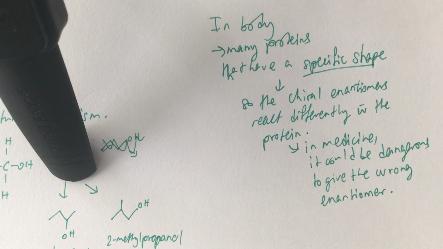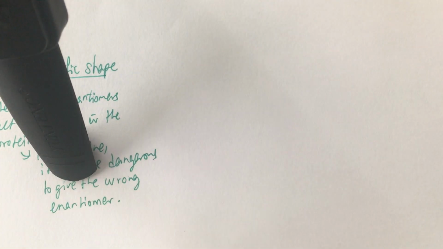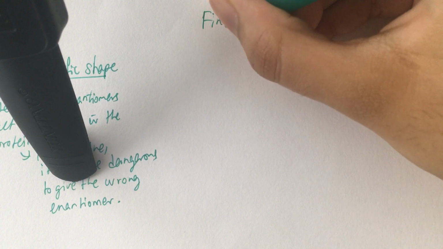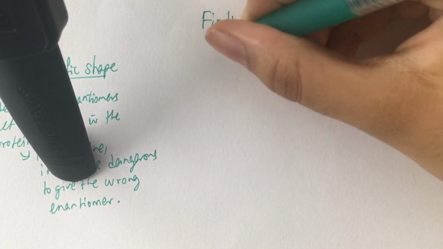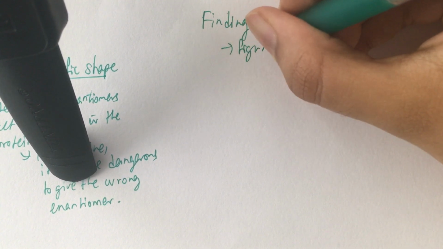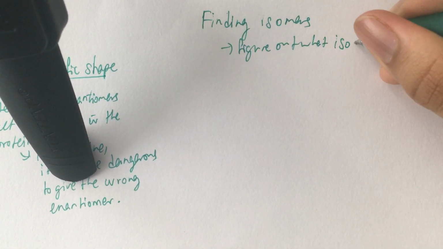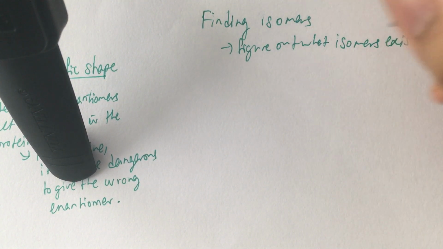Next one is deduce the possible isomers for an organic molecule of known molecular formula. Okay, so this is what you do after knowing all the stuff that we just mentioned, like what kind of isomers exist, and what the characteristics of each of them are. So how would you approach a question that asks you to find a number of isomers, or maybe draw out all the isomers?